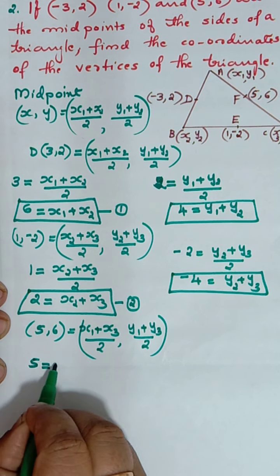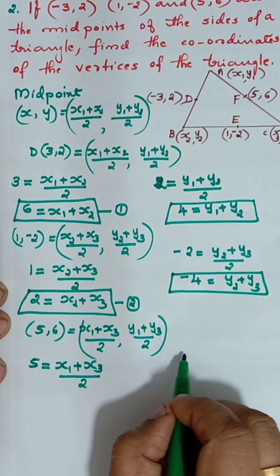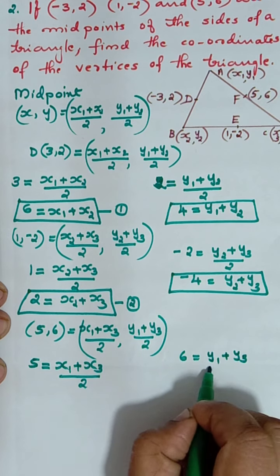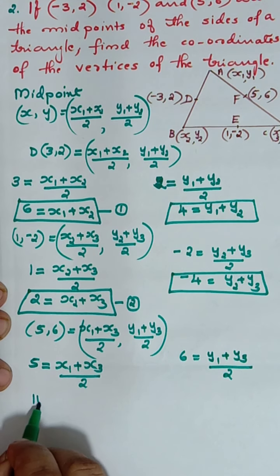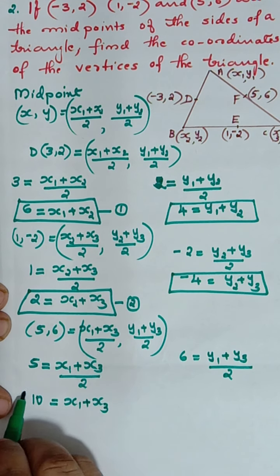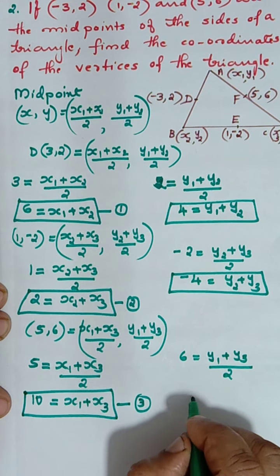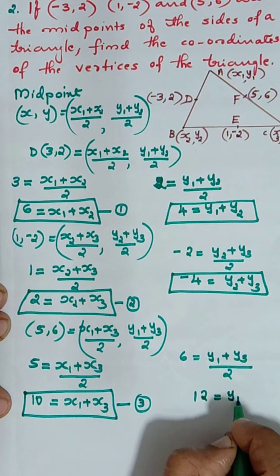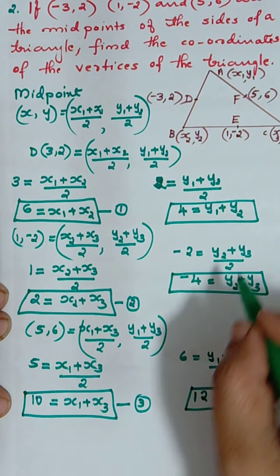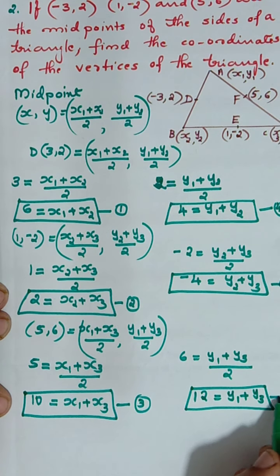So 5 is equal to (x1 plus x3) by 2, and 6 is equal to (y1 plus y3) by 2. 5 2s are 10 is equal to x1 plus x3. This is our third equation. In the same way, 6 2s are 12 is equal to y1 plus y3. Let us number these equations as 4, 5 and 6.